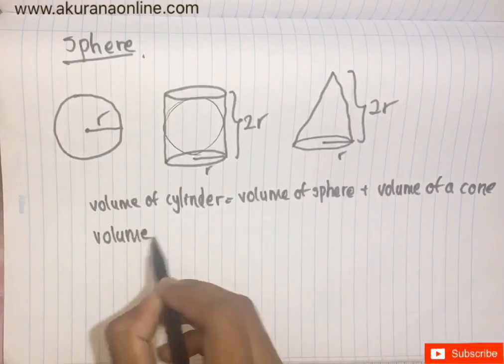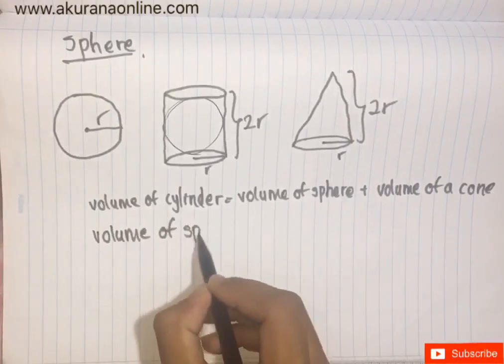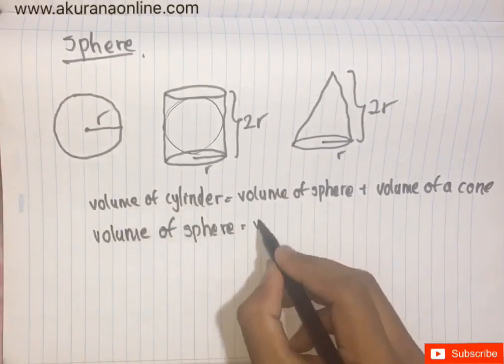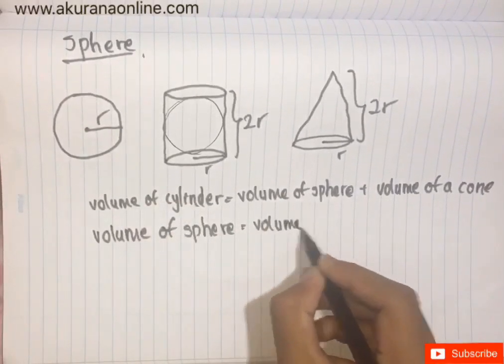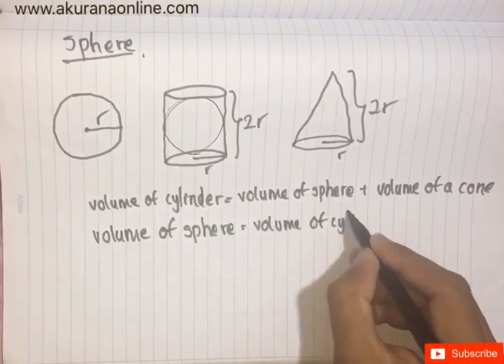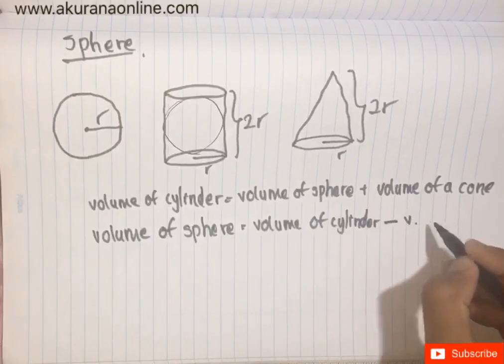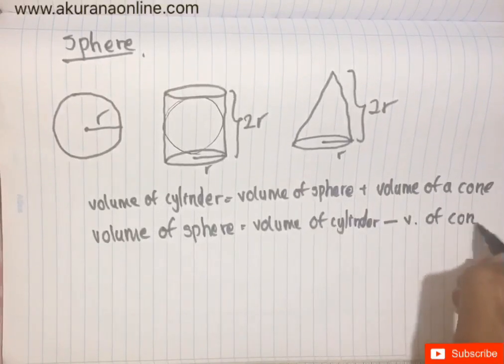Therefore, volume of sphere is equal to volume of cylinder minus volume of cone. Clear?